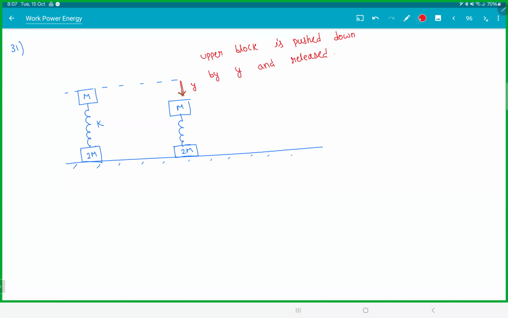And we observe that after you release it, this block started flying up.